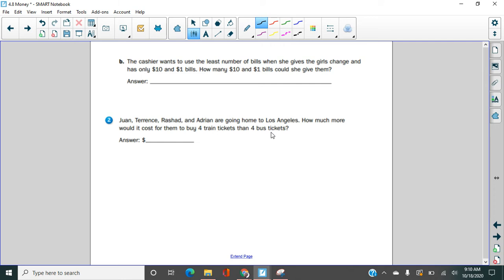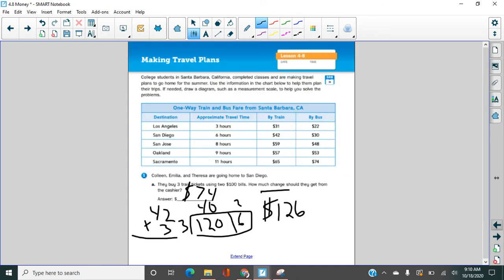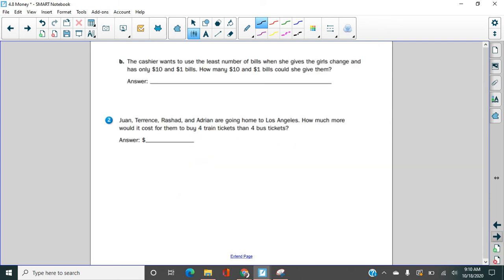So 4 train tickets to Los Angeles. How much does each ticket to Los Angeles cost? 31. So we need to do 31 times 4. Okay, grab your notebook or your dry erase board. How much is 31 times 4?